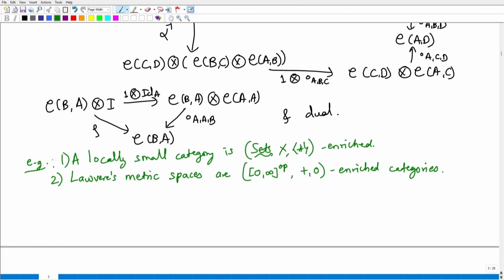Okay, so metric spaces, as in the hom set between two elements, two objects, is supposed to represent the distance between them. The hom set is the distance between objects of C. Okay, let's look at what we are trying to say.